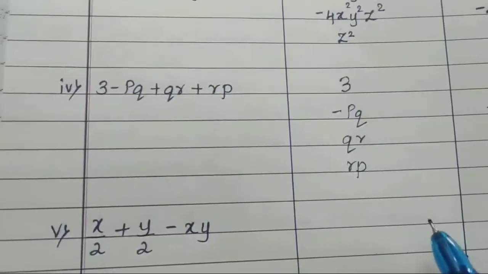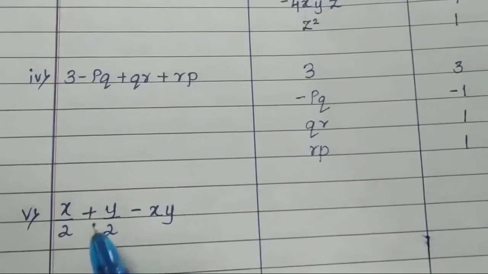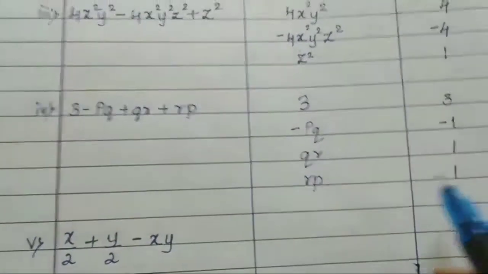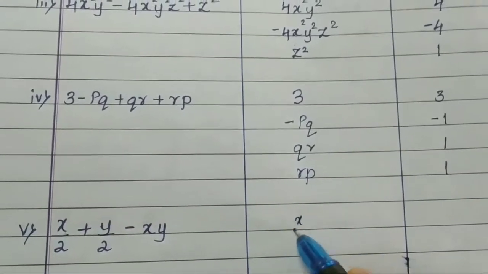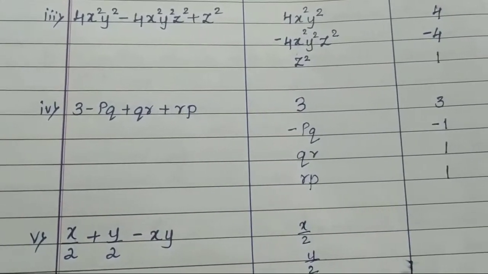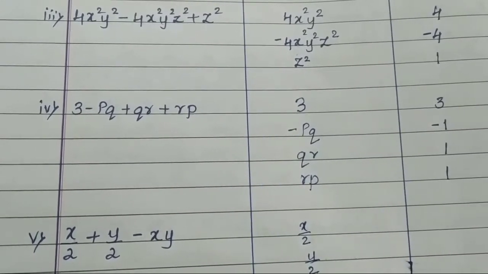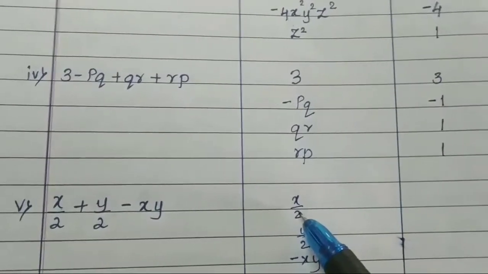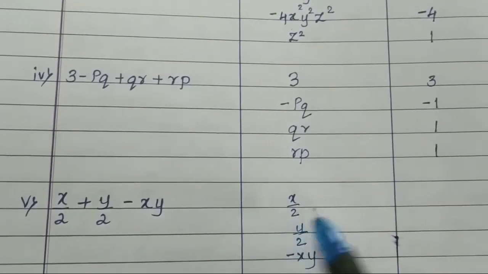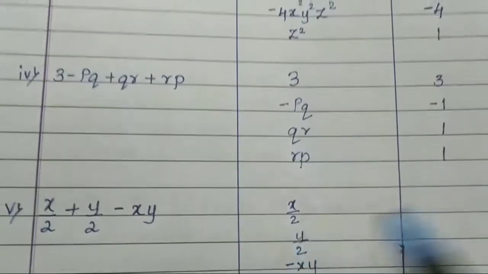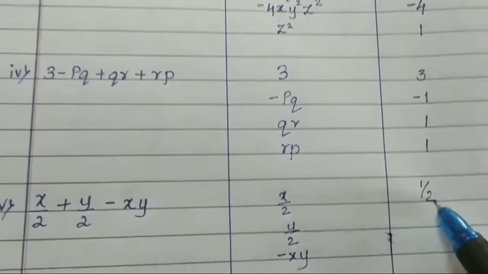Okay, next comes x by 2 plus y by 2 minus xy. There are three terms here. First one is x by 2, second one is y by 2 and third one is minus xy. Okay, as you can see here the number is given. So beside this x by 2 there is a number, that is 1 by 2.